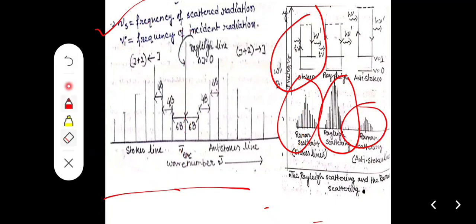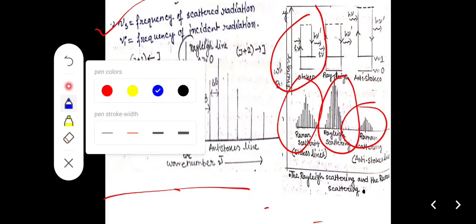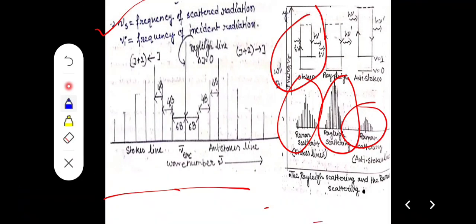Okay, now consider their spacing: the Rayleigh line and the first Stokes and anti-Stokes lines.